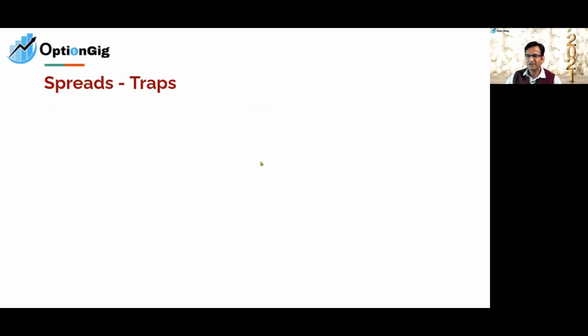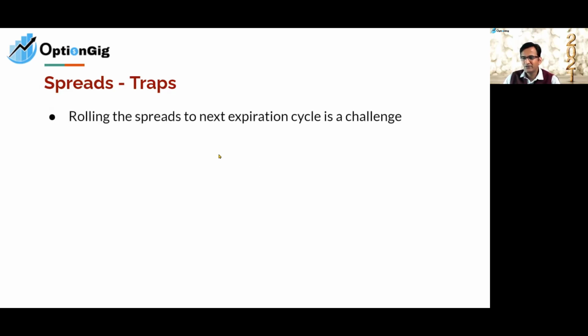Now, some of the things that we need to be aware of if you are doing spreads. When you are trying to manage your trade, and again, we'll talk about trade management in subsequent sessions, management techniques are very difficult to apply in the case of spreads. So if you have to roll the spreads to a new cycle, it's a challenge.